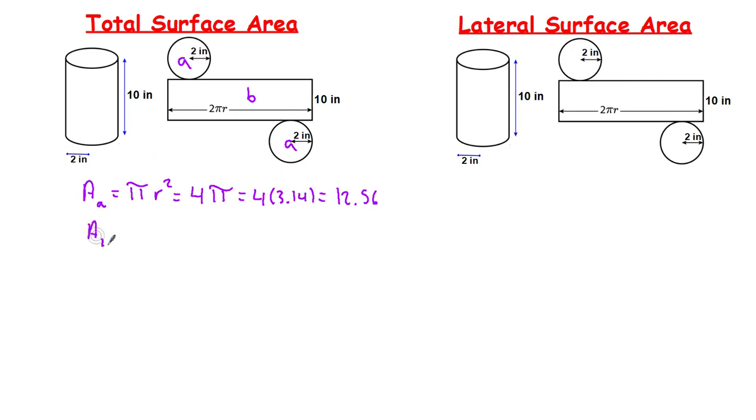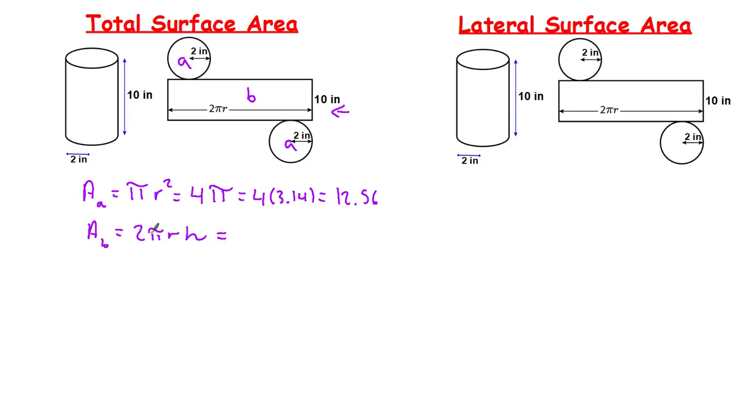Now let's calculate the area of B, all right, which is going to be our body here. As you can see, this is going to be also our lateral surface area. Okay, so the length, which is going to be our circumference, is 2 pi r. And then what we're going to do is multiply it by the height.